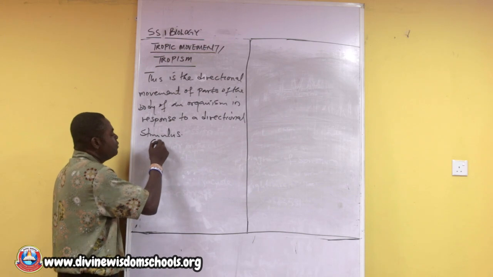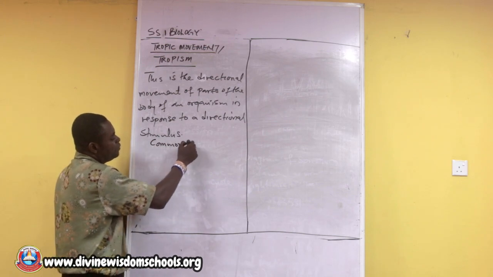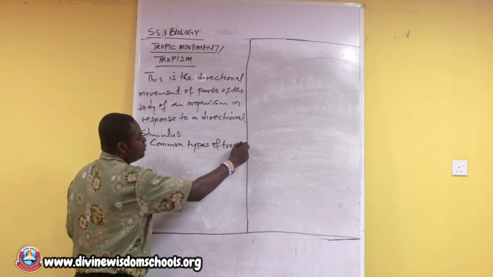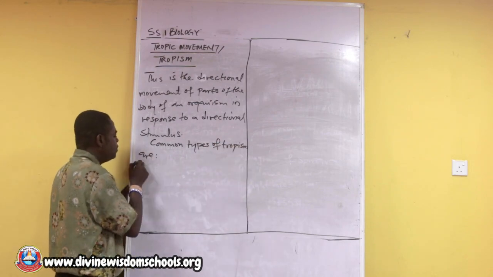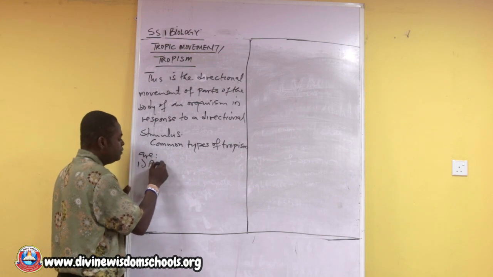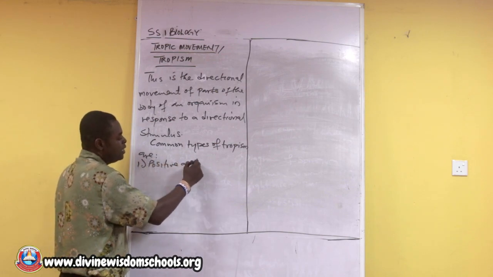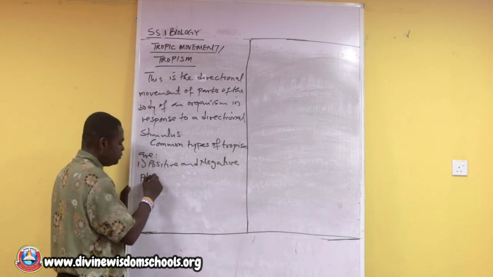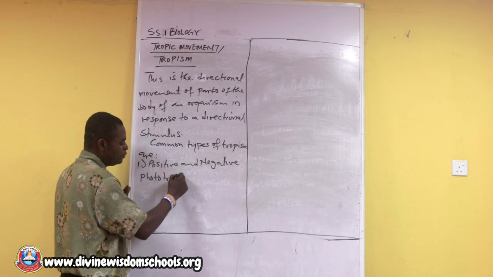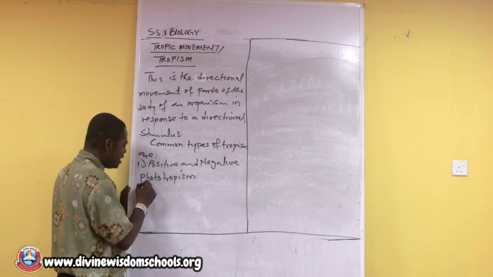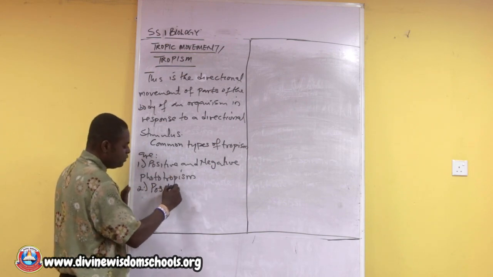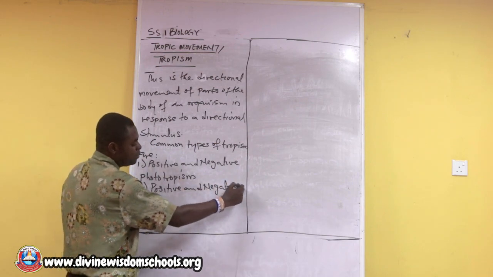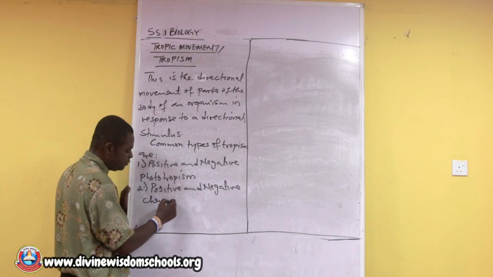So, common types of tropism are: one, we have positive and negative phototropism. We have positive and negative chemotropism.